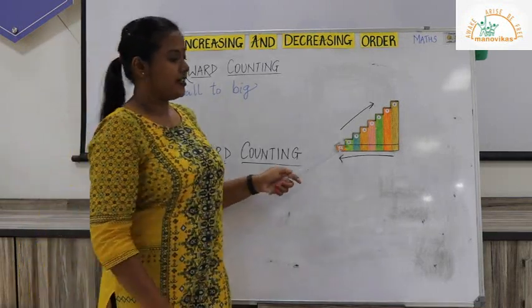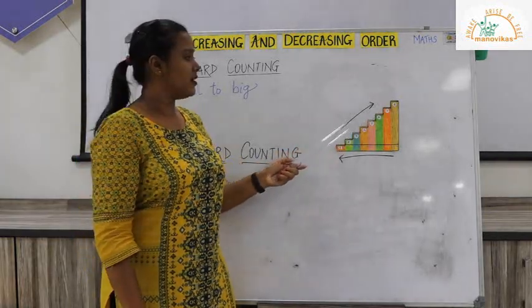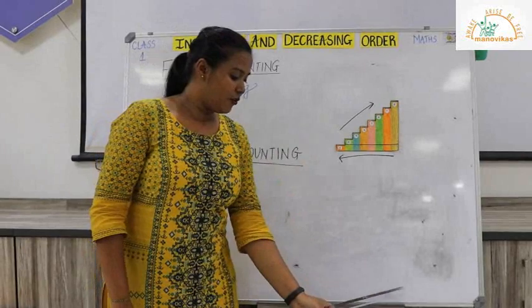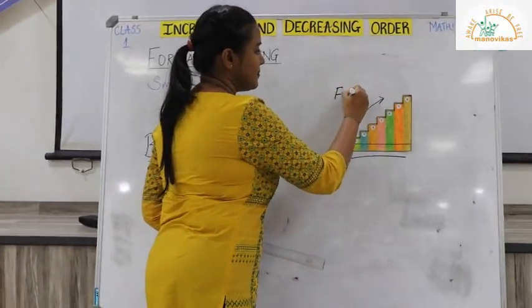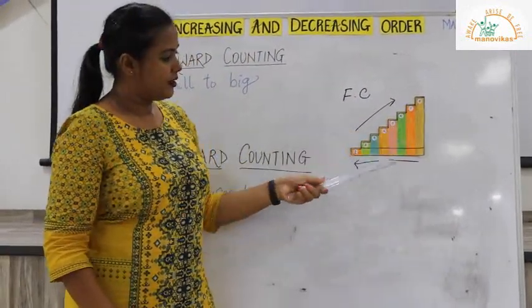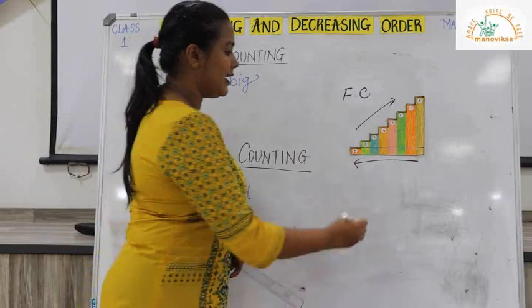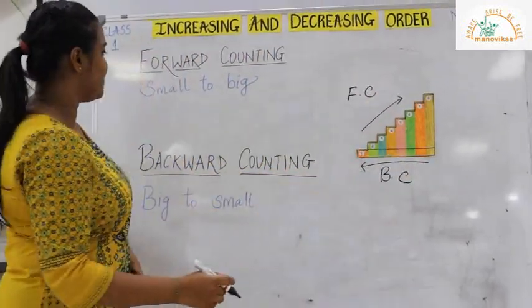Now here, as you can see, as you're moving from a smaller number to a bigger number, it is called forward counting. But as you read or move from a bigger number to a smaller number, it is called backward counting.